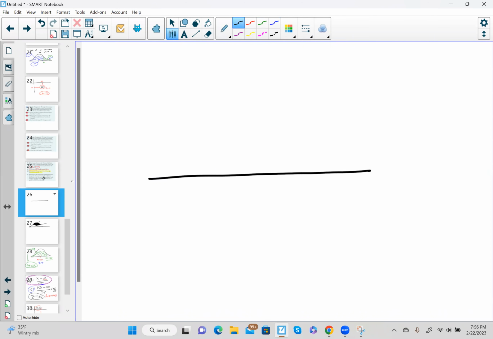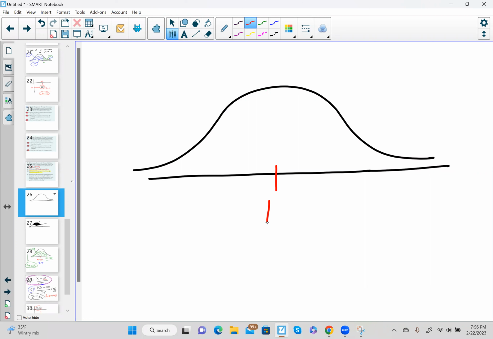So make sure, is that what it said? Yep, okay. So here we are, normal distribution. We know the mean is 110 and that's in the middle. 125 is over here. 150 is over here. And we want this green area in between those two numbers.